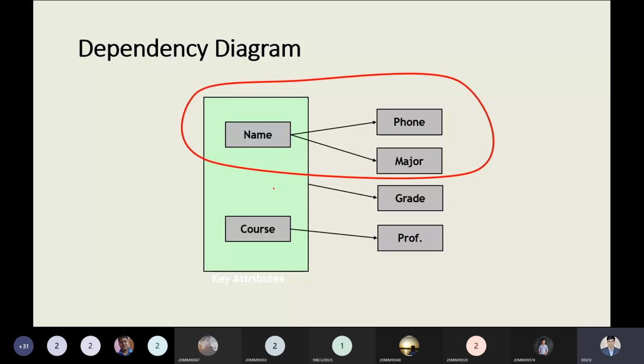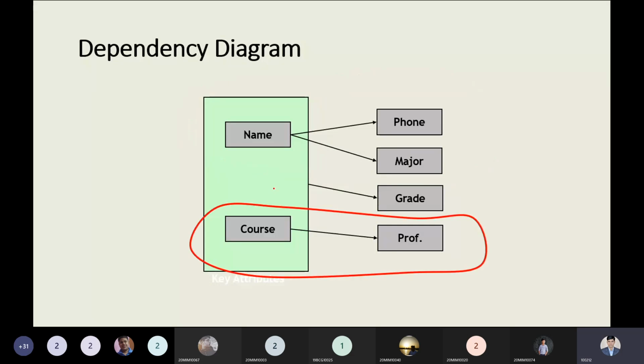Now, you can make one relation from our actual relation, that is name, phone number, major. Next, you can also choose the course and professor into a different relation. So we are decomposing our main relation into parts. One is name, phone number, major attributes, and another one is course and professor attributes.